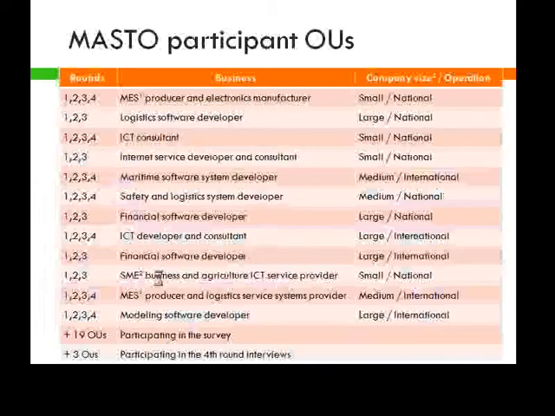And the overview of the organizations, there's not much to see there, but there's a large international, small national, and everything in between.